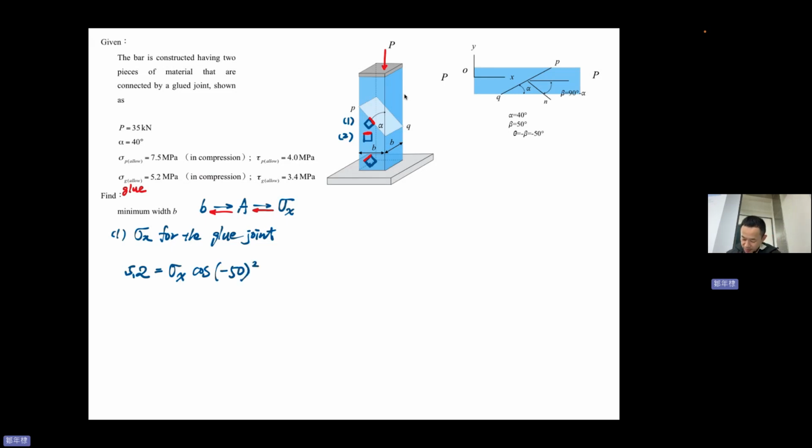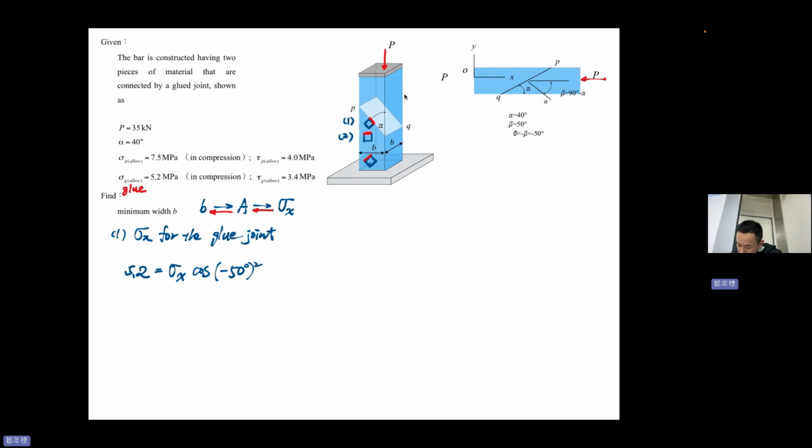Why? Let's take a look. If we put this down, your force will look like this, and this glue section looks like that. This one is alpha, and alpha tells us about this x.